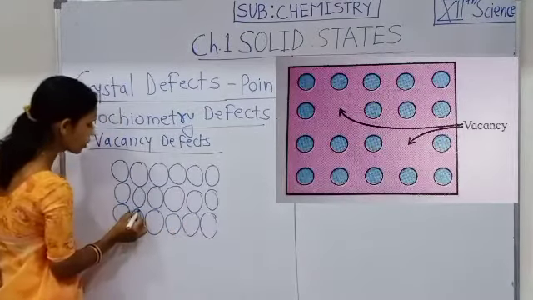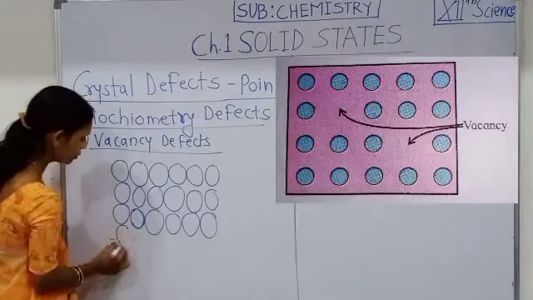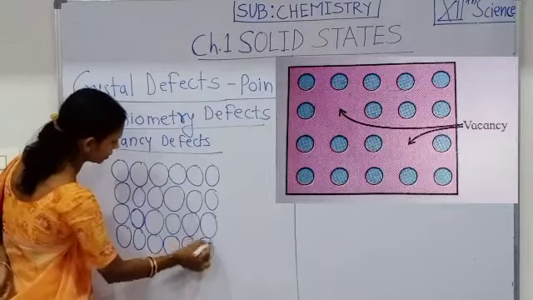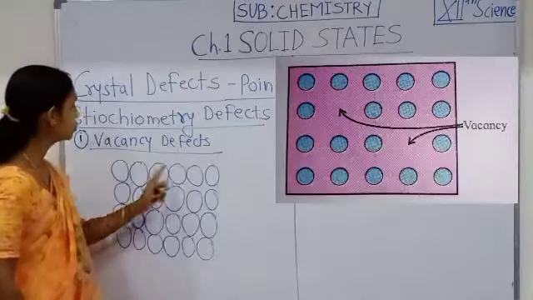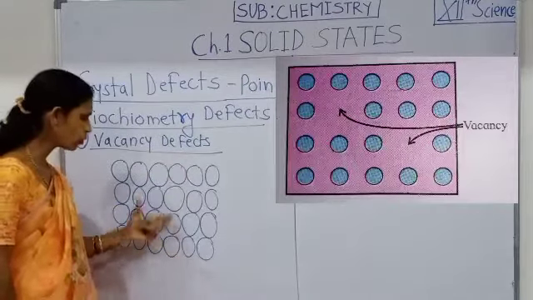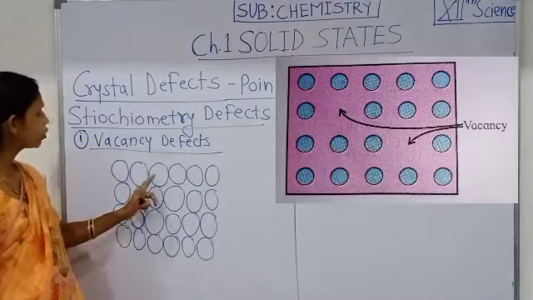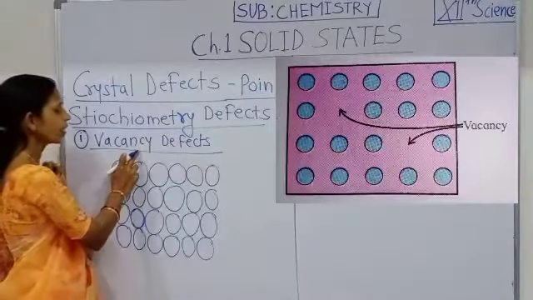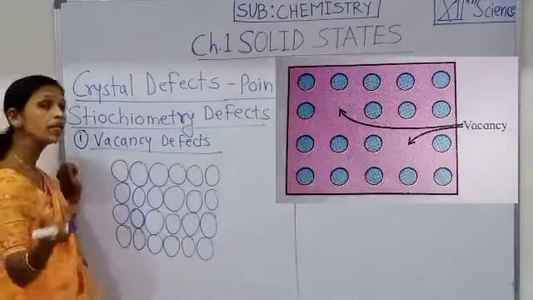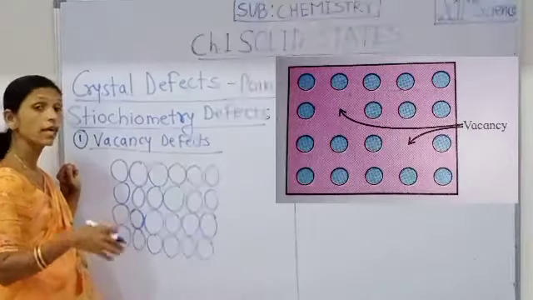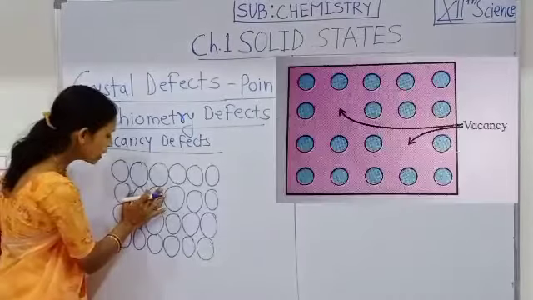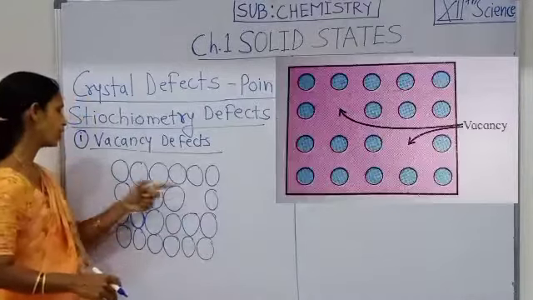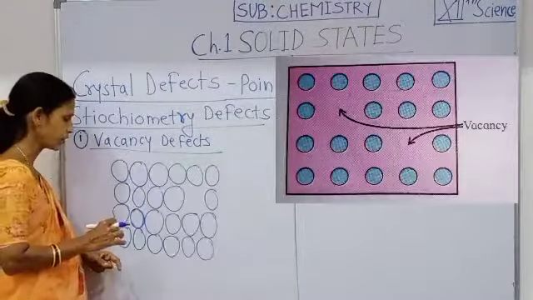That means there is a perfect orderness of arrangement of those particles in the crystalline substance. And vacancy means an empty space that is created due to the missing of one of the particles from the lattice point of the crystal structure.